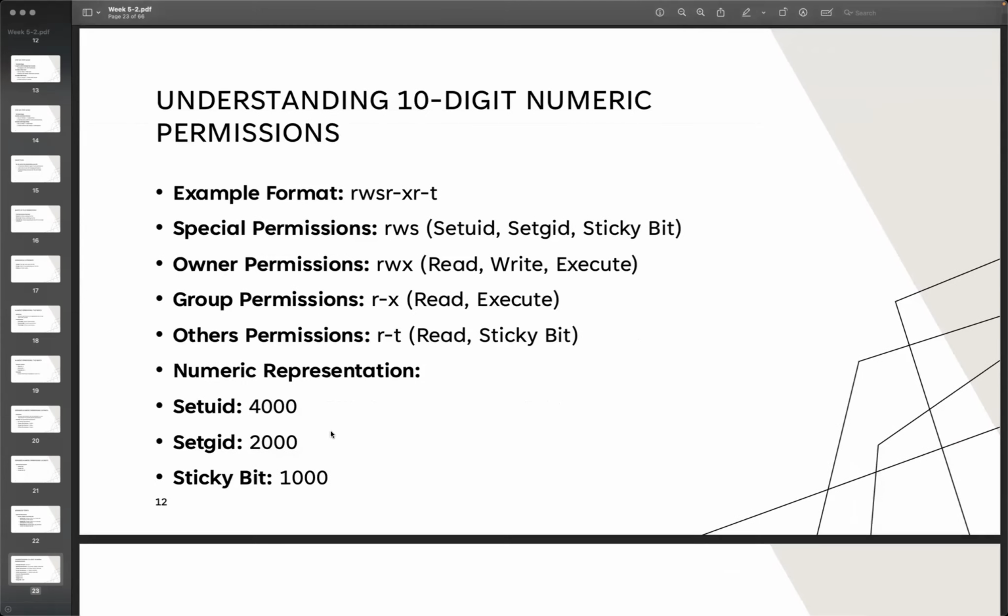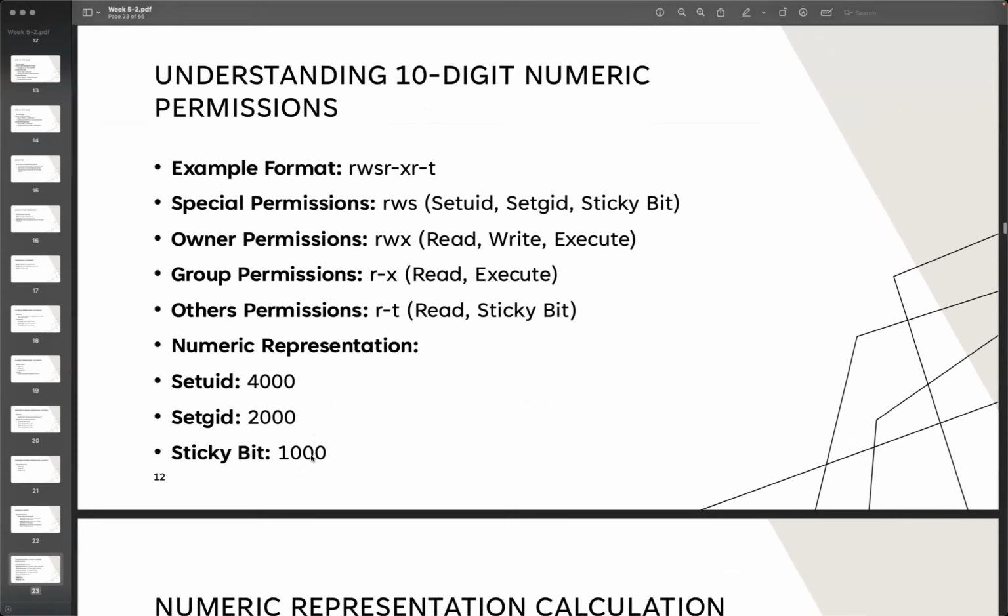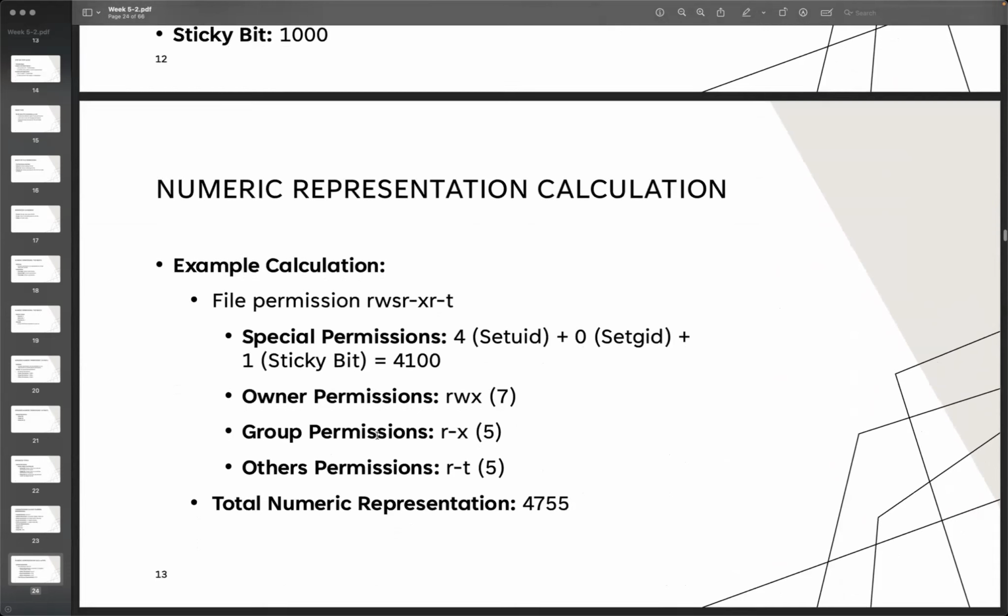So when we represent it numerically, the first digit will be 4, 2, 1, and they will be in the front. If you look here, we set the user ID, which will be 4, and then the set group ID, we didn't add it, so it will be 0. And also we add the sticky bit.